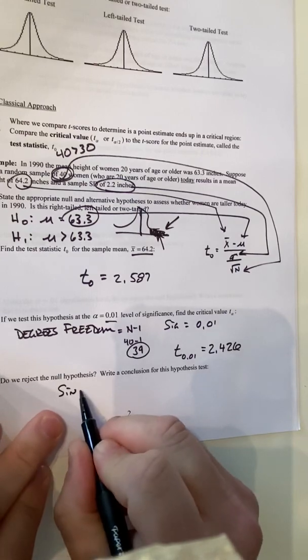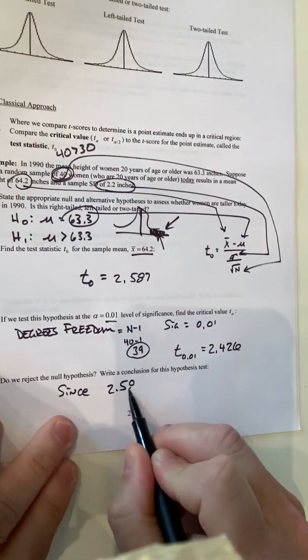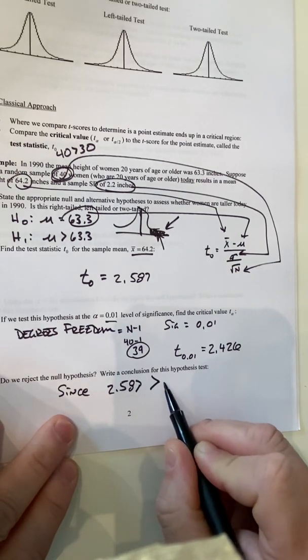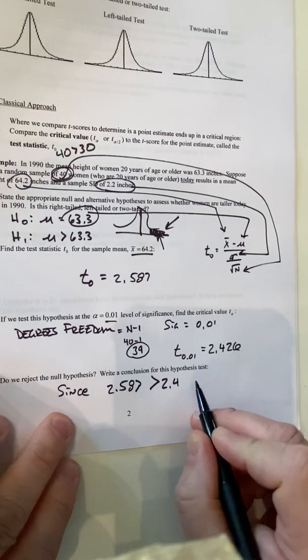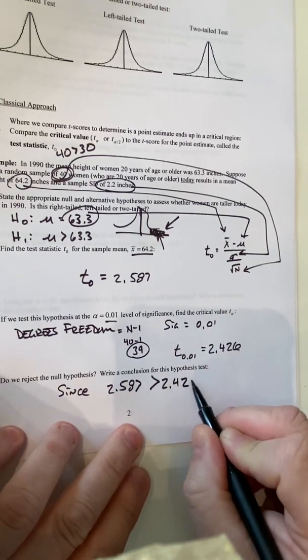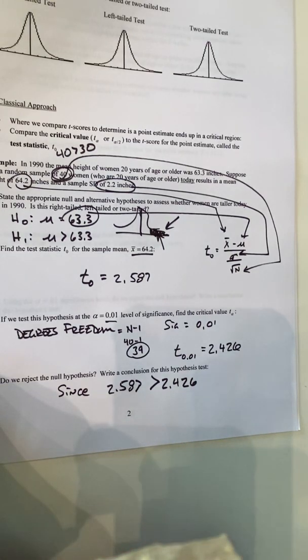Since our t-value, 2.587, is greater than our critical t-value, 2.426, then the test statistic falls in the upper tail.